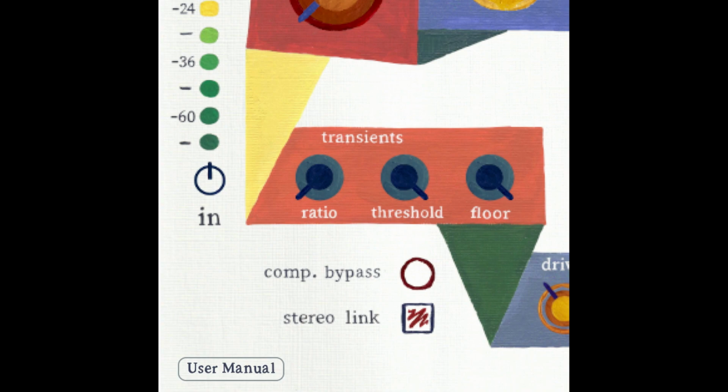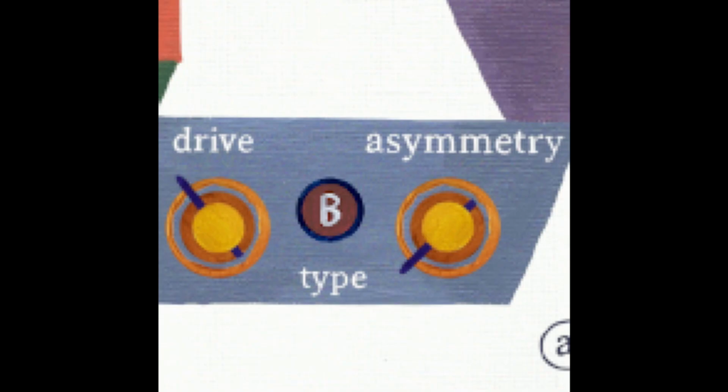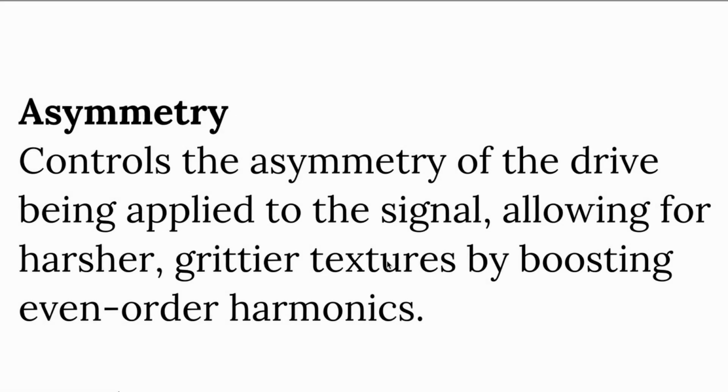When the compressor functionality is bypassed, ShapeShifter is a versatile drive processor that can add heavy, harsh distortion or just a touch of sneaky, thickened input saturation. Even order harmonics spice the distortion to taste by way of the asymmetry control knob.